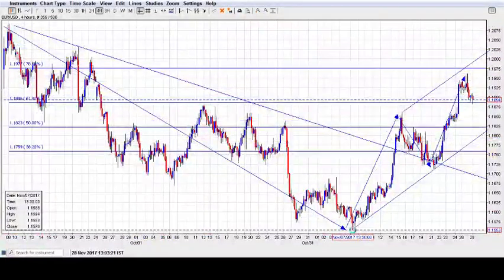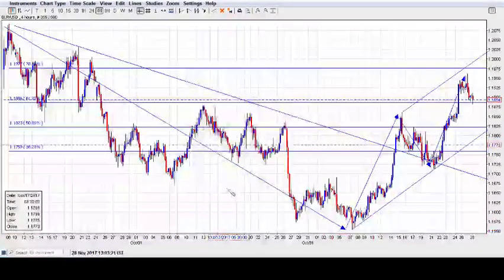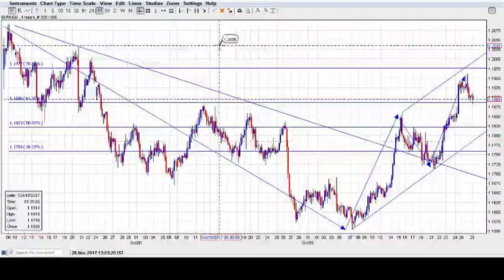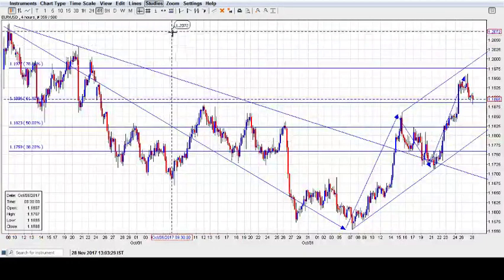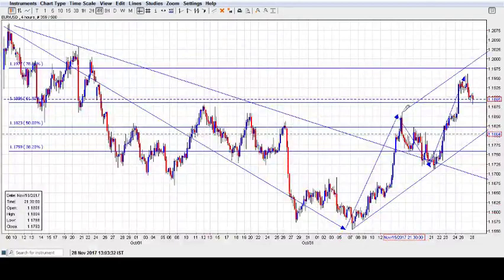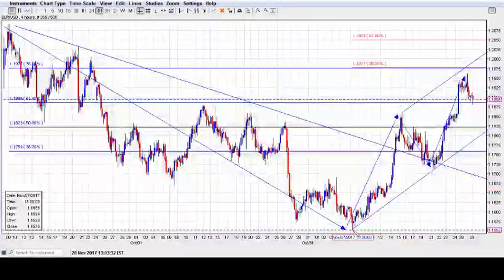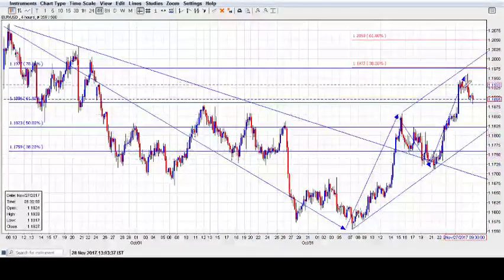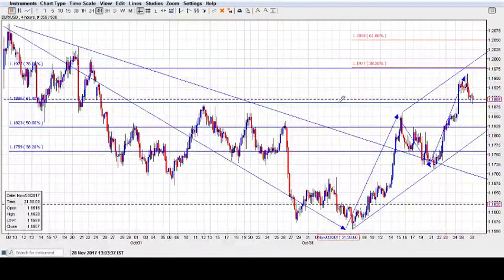That is the entire retracement, and the counter trend extensions, which is producing a good Fibonacci convergence around 1977.